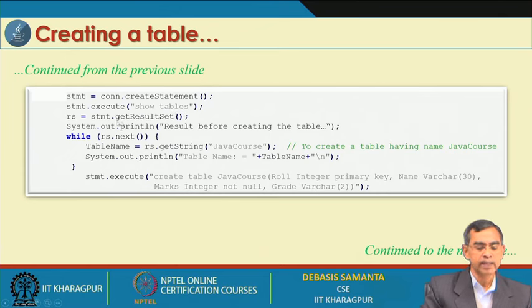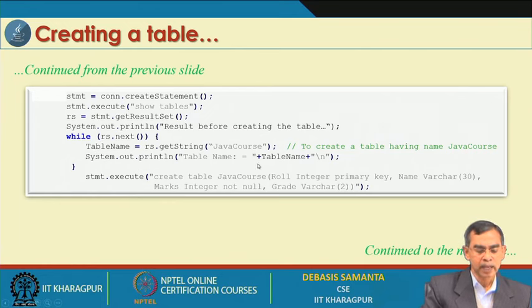Now, the result will be returned, and this result will be caught in the RS result set object. We scan all the results obtained in this RS, and RS.next means we scan each element in the RS one by one, and then display it on the console. So, with a while statement we can continue until all the elements are traversed.